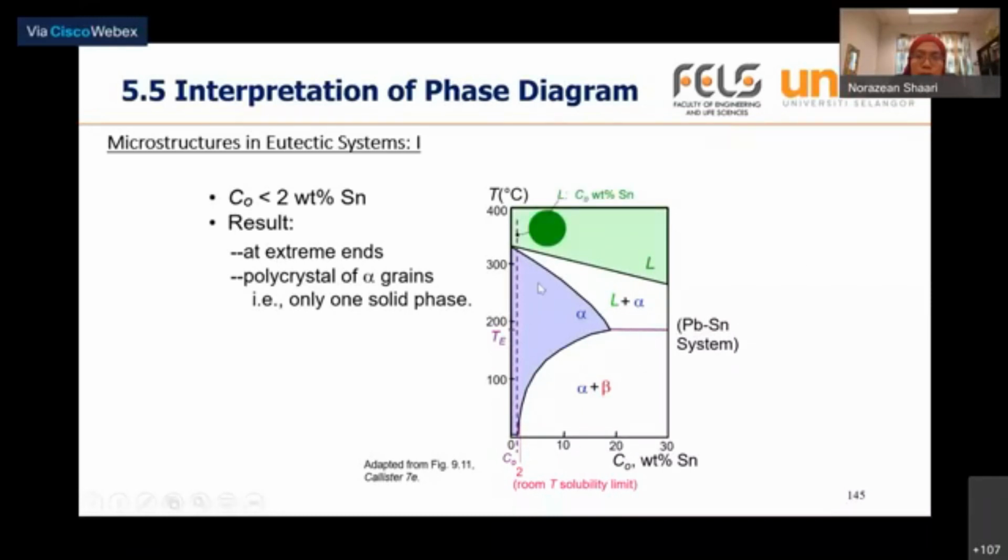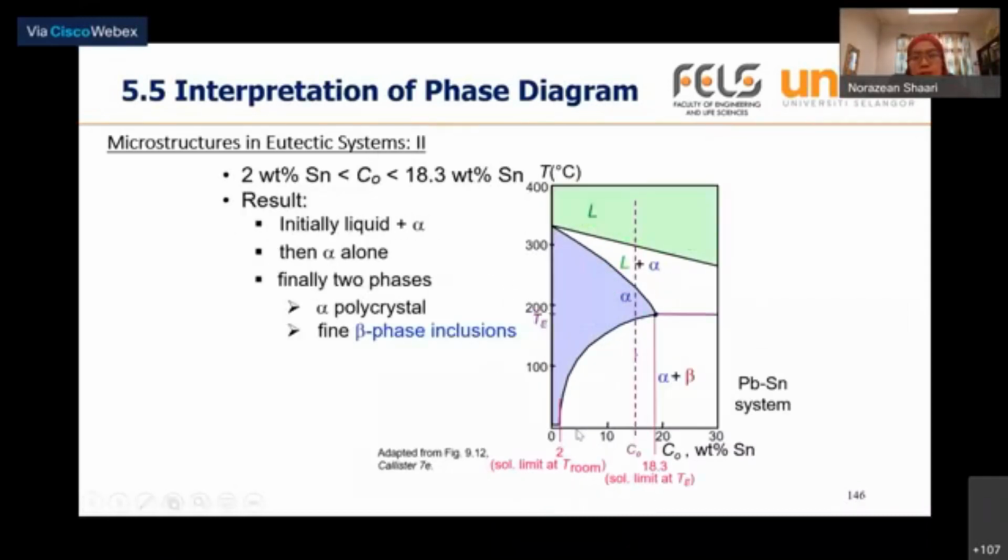So dia akan ada alpha dalam liquid, alpha which is solid dalam liquid, and finally dia akan ada semua solid alpha. Okay, so at extreme end dia akan ada polycrystal of alpha grains only lah kat sini. Okay, so itu microstructure 1.